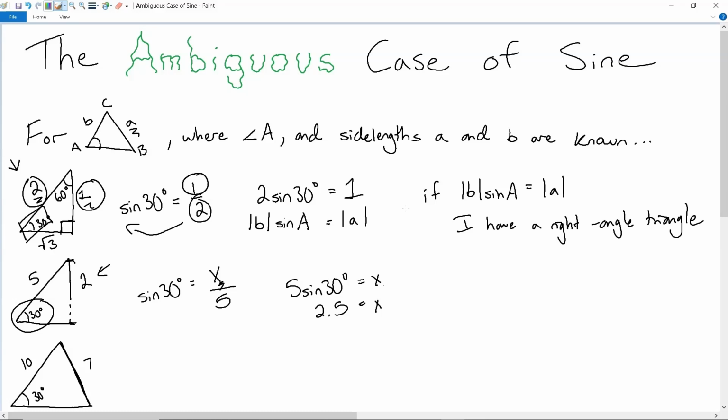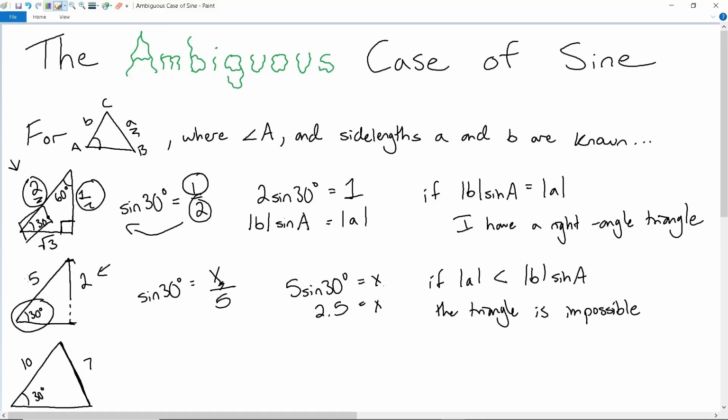So since the side length a is smaller than that ratio we worked on before, the triangle is impossible. Right?